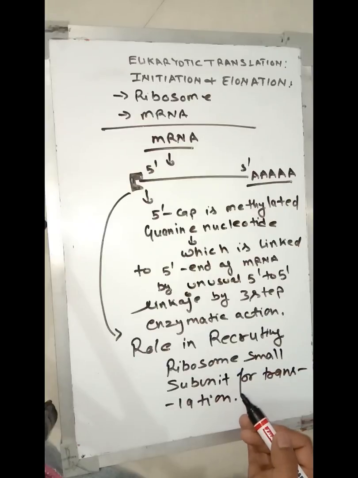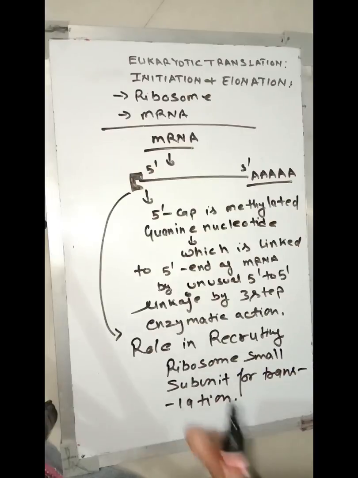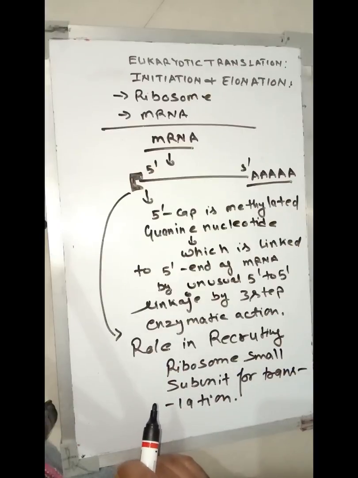So this 5' end of mRNA has a property that helps in loading the small subunit of the ribosome at the 5' end of the mRNA.